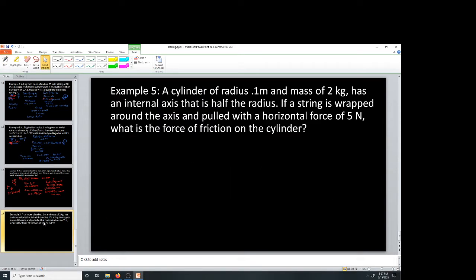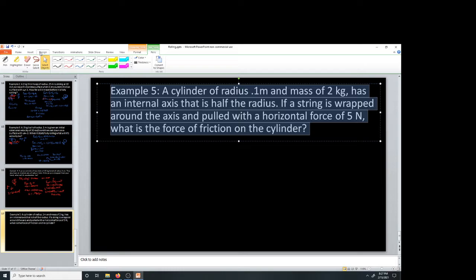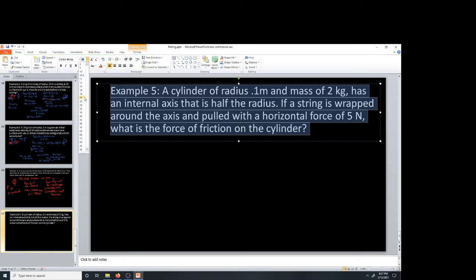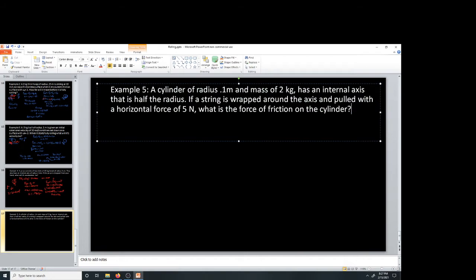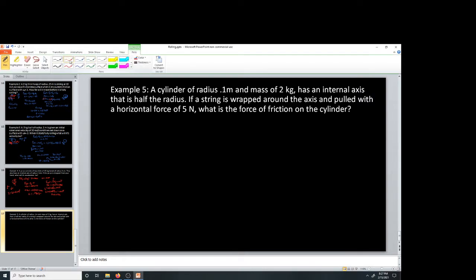Whew. All right, final one here. Okay, we got a cylinder, radius 0.1 meter, and a mass of 2 kilograms. It has a terminal axis that is half the radius.